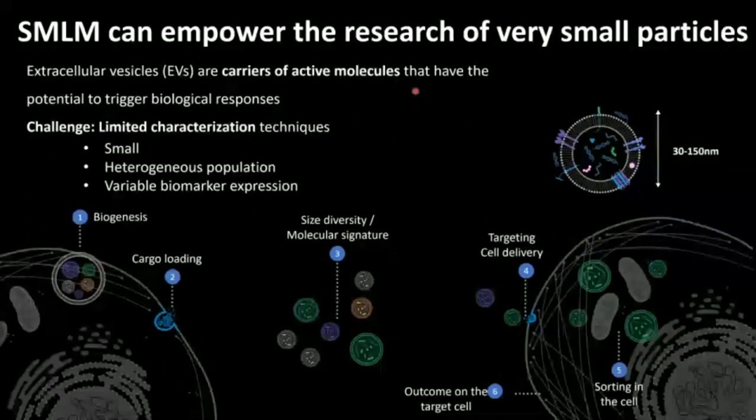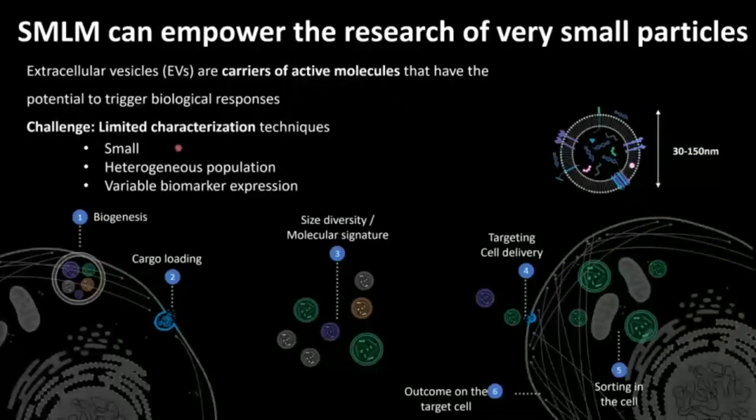We can extend our research beyond cells and look at the research using very small particles using single molecule localization microscopy. If we go back to our example of extracellular vesicles, these are carriers of active biomolecules that have the potential to trigger important biological responses during immune responses, for example, and also during cancer progression.